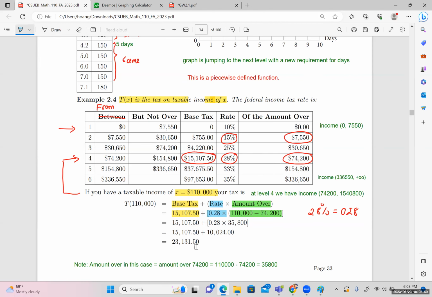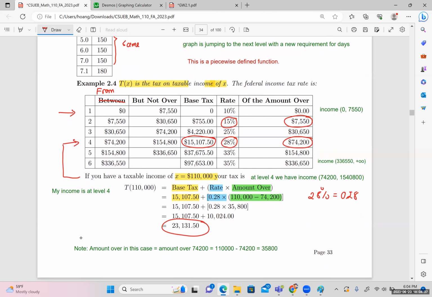So my income is at level 4. After using a calculator, I noted that I had to pay $23,131.50 for the tax, right?